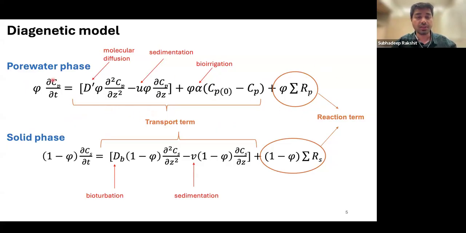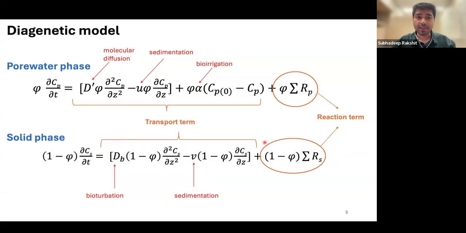For the pore water, which is the solute part of the sediment, the transports are molecular diffusion, sedimentation and bioirrigation. For the solid phases, for example particulate carbon, the transport term is determined by bioturbation, which is the physical mixing by the macrofauna in the sediment, and sedimentation rate, which is the advective motion of the sediment downwards.